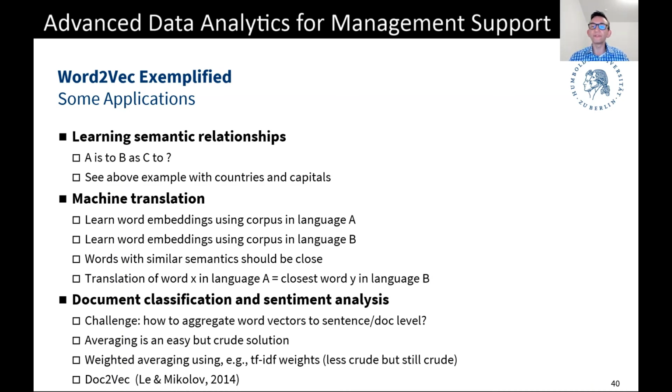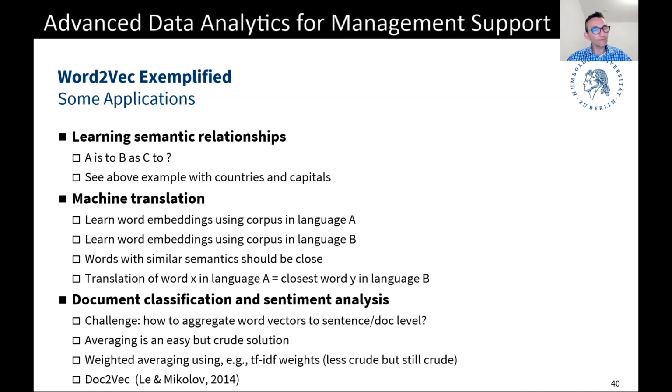So this is something you can do with Word2Vec and with these embeddings, or examples like king minus man plus woman equals queen. That's a nice way to sell word embeddings, but it's not dramatically useful in its own right, I believe. More interesting, think about machine translation.